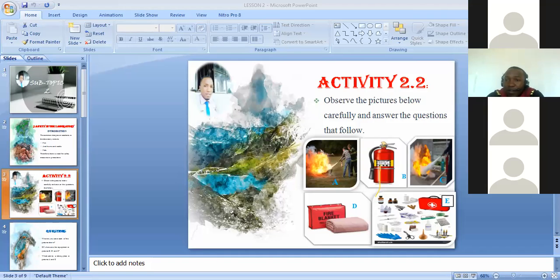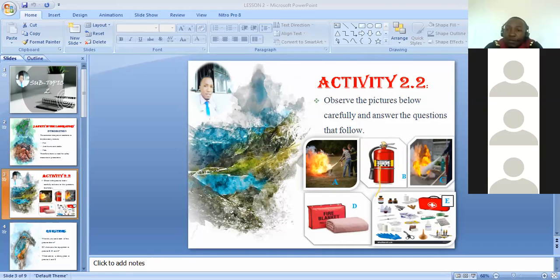Joel, you can also submit your point. Picture E is used to save life. We use it to immediately save life. Good. Yes. That is also a good point. Any other version?